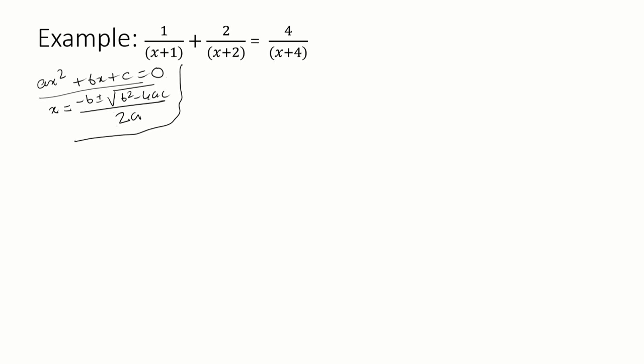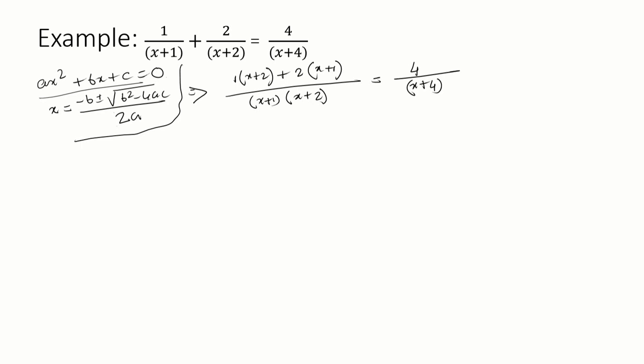So first let's add the first two terms. These are fraction terms. Let's add them up. The denominator is the product of these two numbers, x plus 1 times x plus 2. The numerator will be 1 times x plus 2 plus 2 times x plus 1. I guess you know how to add two fractions.